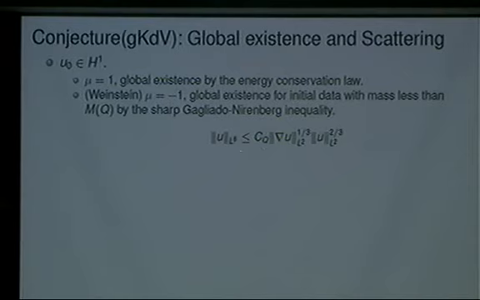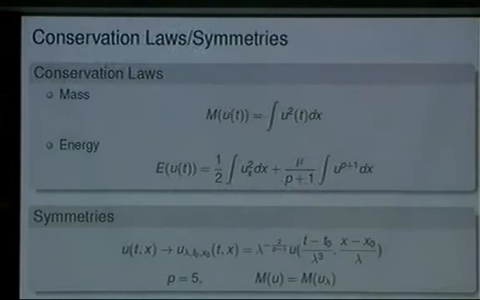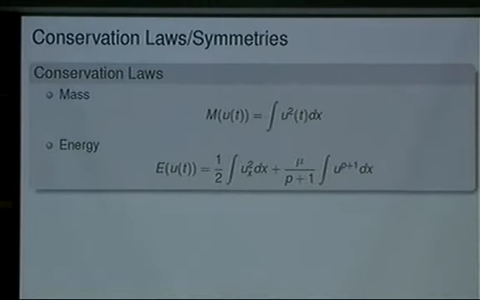So from this inequality, if we plug it into the energy conservation law, with p plus 1 equal to 6, the second term by the inequality is replaced by the H1 dot norm and the L2 norm.